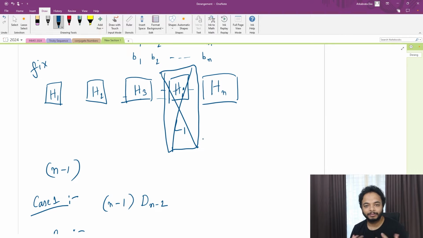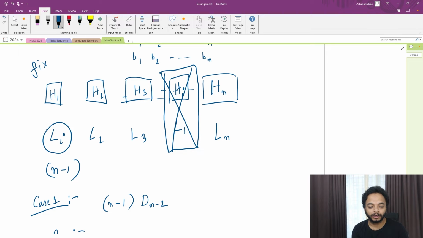Now I'm the postman, suppose, and I have letters like Li and also L2, L3 and so on, up to Ln, the rest of the houses. Now see, I have basically these n minus 1 houses and their letters, in such a way that Li won't be going to house 1, L2 won't be going to house 2, L3 won't be going to house 3, and so on.